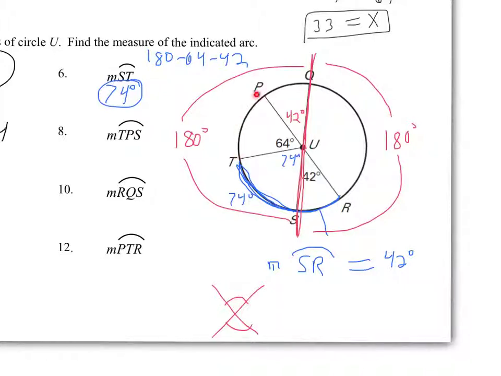And so here is the way that you would have to look at that measure, T, P around to S. Now you could add up all of those. There's probably a way you could do that. But what I would say is easier is this is basically the whole circle except for this arc right here, which is 74. So I would just do 360 minus 74. And if you type that in, you get 286 degrees. That would be the measure of TPS.